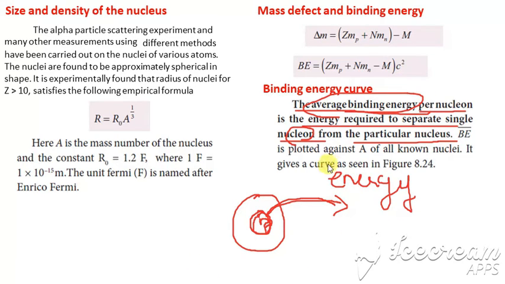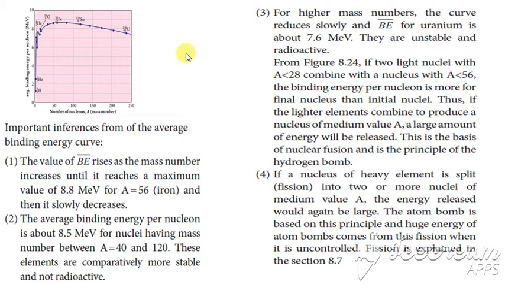And now we are going to see the graph between A and the binding energy. This is a graph between A, which is the mass number, and on this side we have the binding energy. When you see the difference in the binding energy as well as the mass number, we can see that the binding energy rises as the mass number increases.